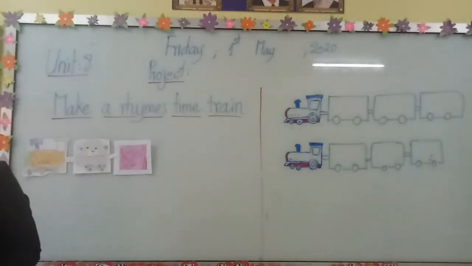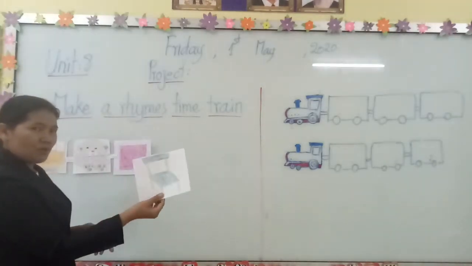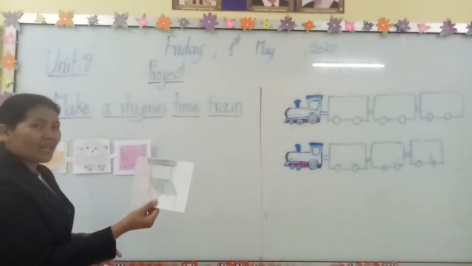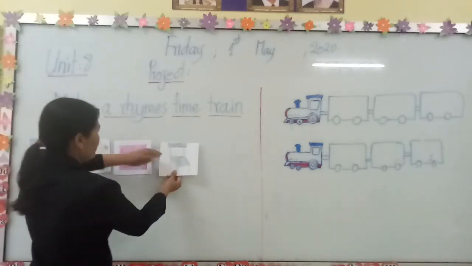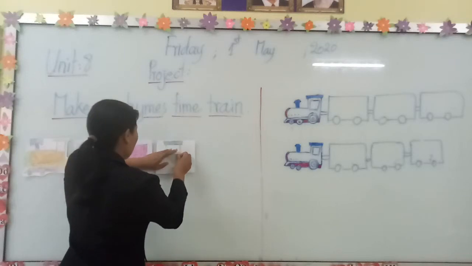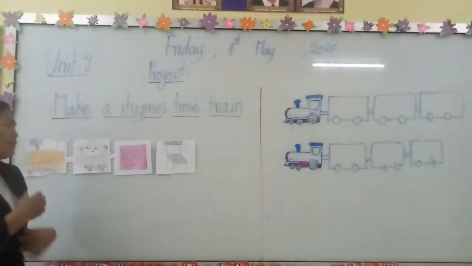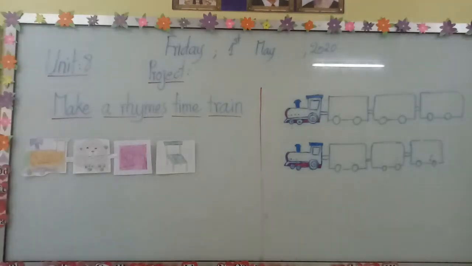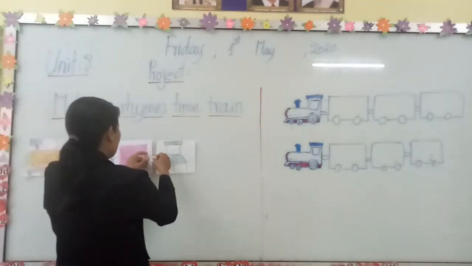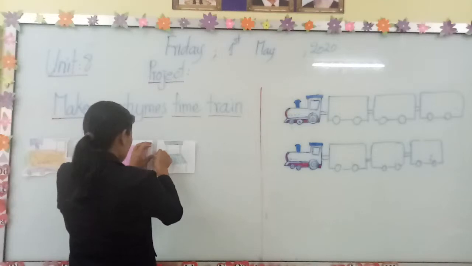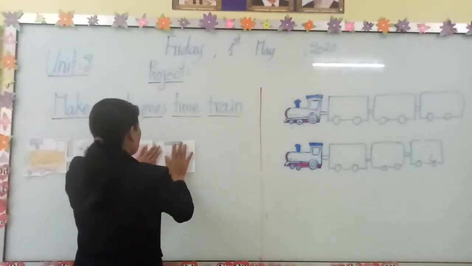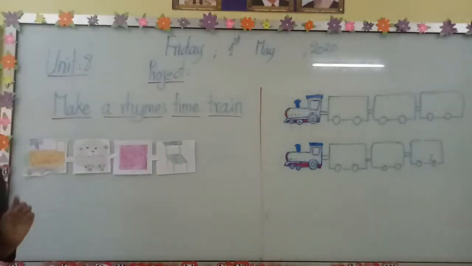Now one more. What is it, everyone? Yeah, chair, right? So, here, teacher makes a rhyme time train. We make a train, so now teacher will connect one more. That is our project, the first one.